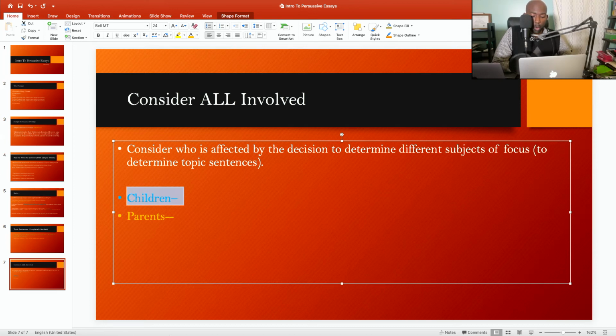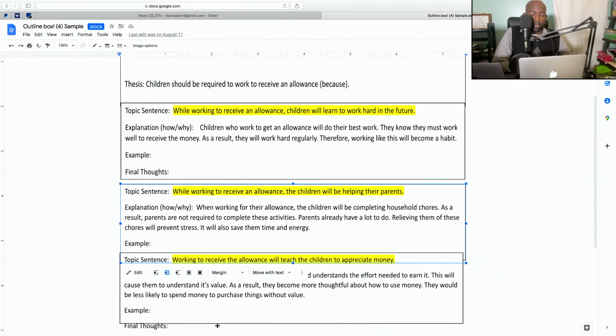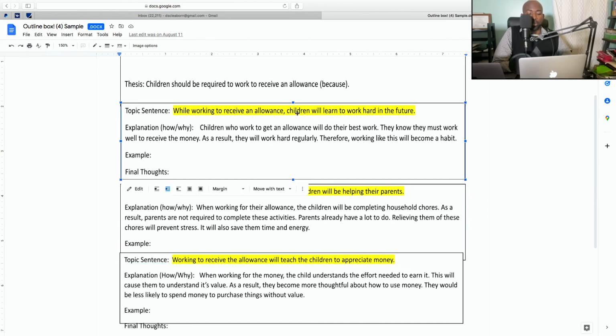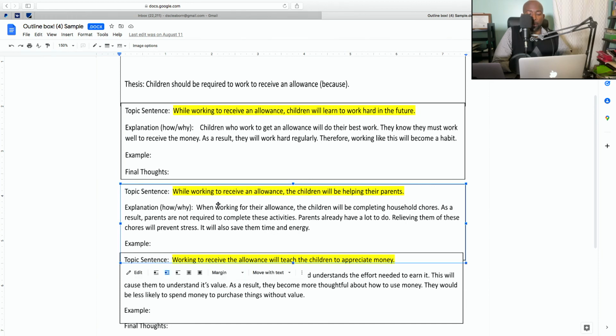And that's kind of what we did a little bit on this sample here. It says, while working to receive an allowance, children will learn to work hard in the future. Well, this topic sentence is focusing primarily on children. This one is about them. But if you look at the next topic sentence, it says, while working to receive an allowance, the children will be helping their what?